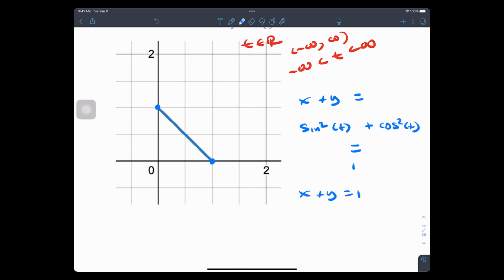And what you guys know is that's an equation of a line. Graphing form is y is 1 minus x. So it has a y-intercept at 1. Here's where 1 is, the y-intercept. It has a slope of negative 1. So this is also 1, by the way. It's downhill. But that's the line they're talking about, okay?